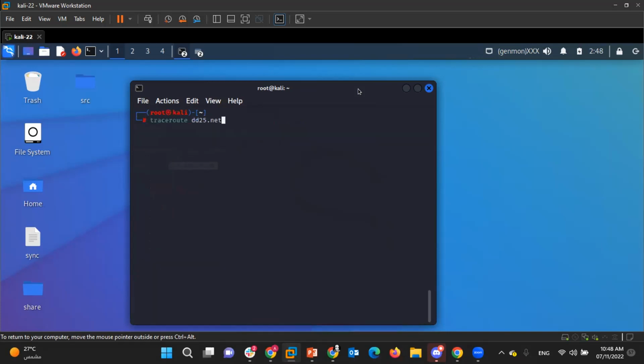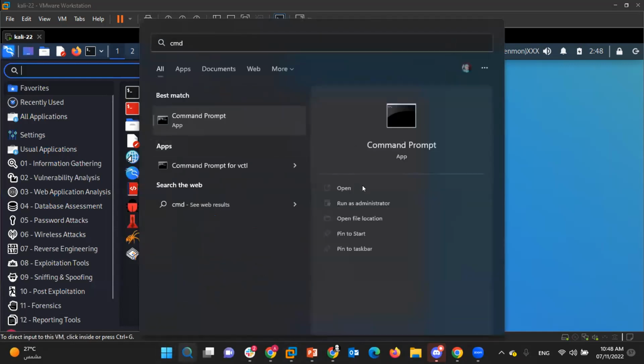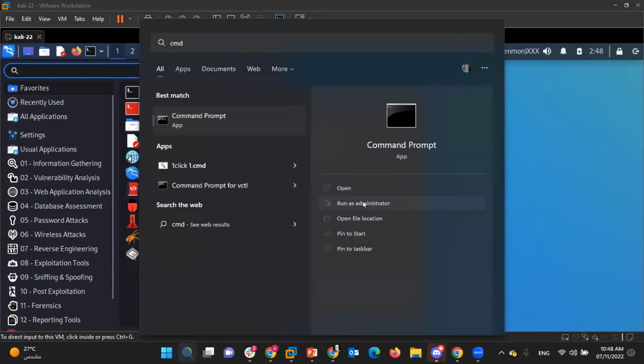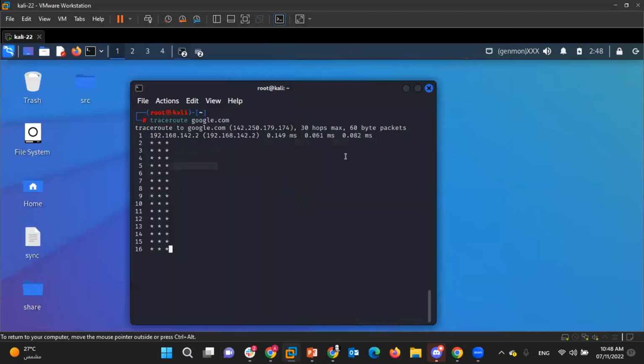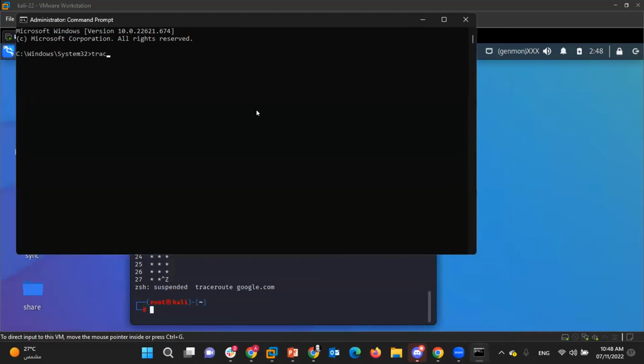Okay, I want some service like Google. I think it is also the same. In Windows, traceroute is literally tracert. This is the IP address from Google.